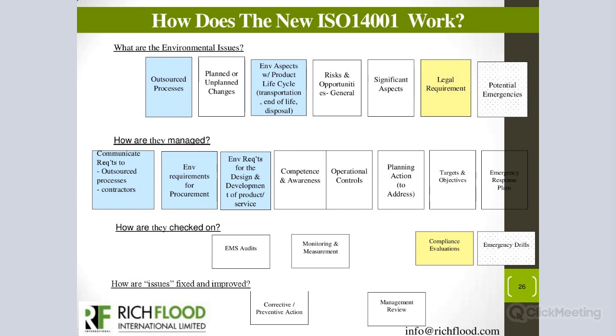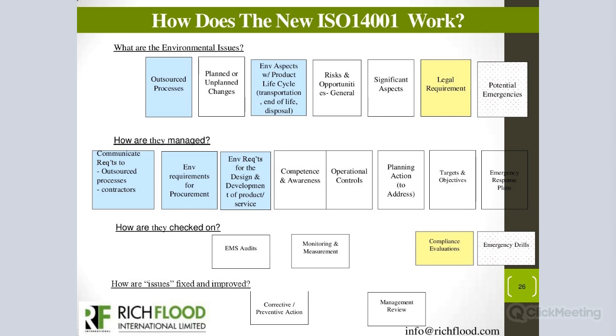And you may want to find out what the environmental issues to be considered are. The first is you look at the outsourced processes. You look at the planned and unplanned changes.